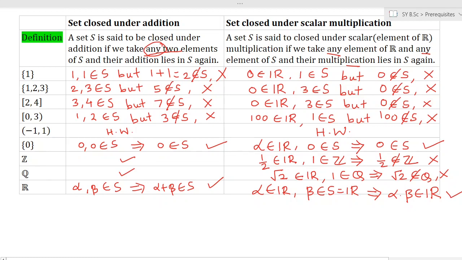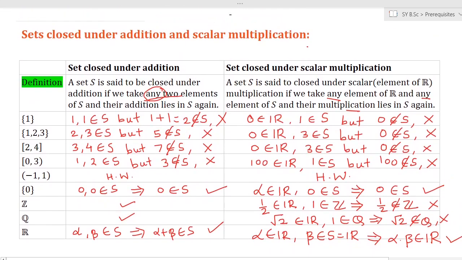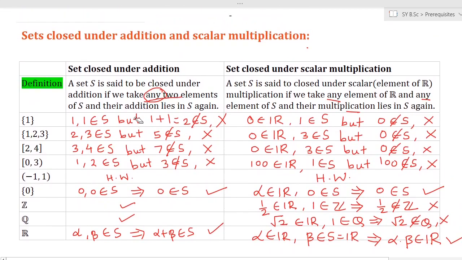Now note one thing that I would like to tell you. Over here, whatever addition we have seen and whatever multiplication we have seen in all these examples, this is usual addition and usual multiplication. What do you mean by usual? This we have studied from first standard, right? So therefore it is called usual addition and usual multiplication.